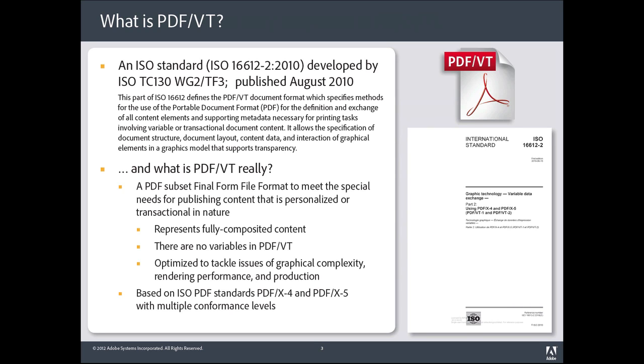It's based on top of the existing, relatively short term before, PDF standards, PDF X4 and X5, and PDF VT has multiple conformance levels. Okay, so this is sort of the outside view of what this is.